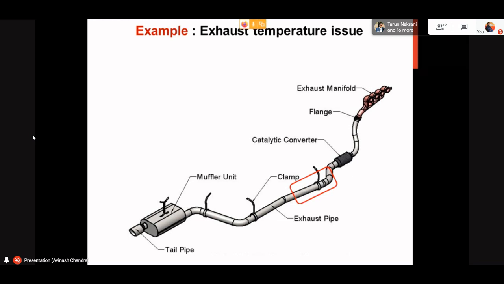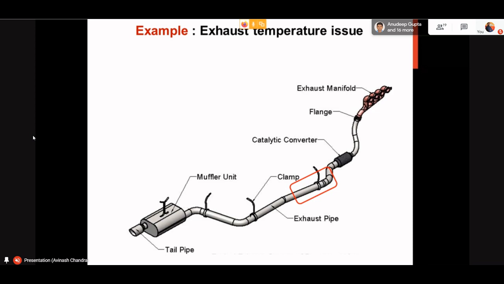This is not from the industry; I have just taken the model from the internet. What you see is the red portion, a red block. You see what I have highlighted.